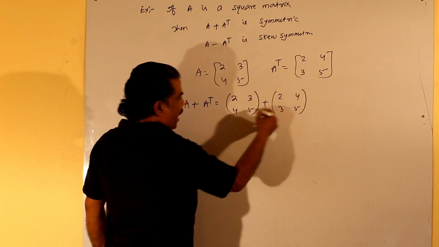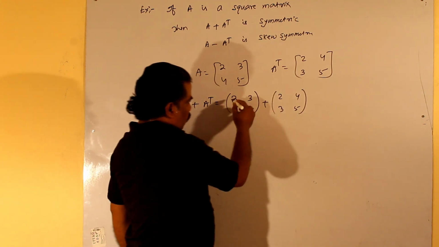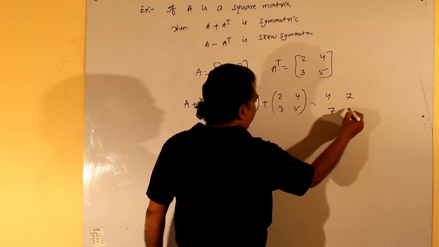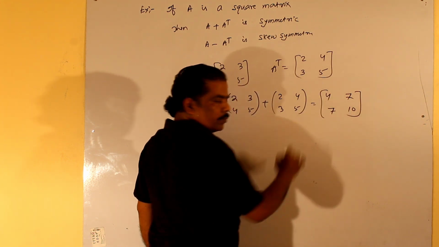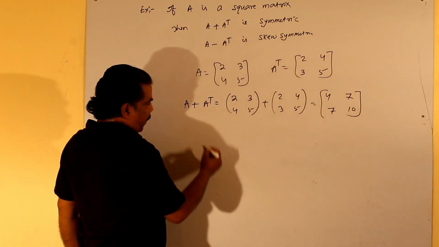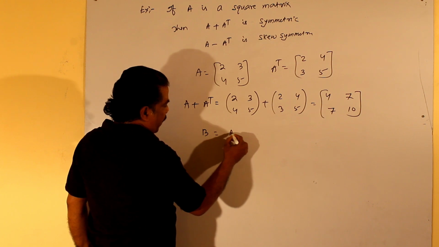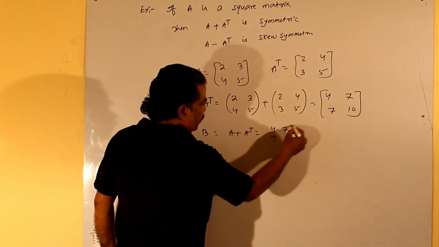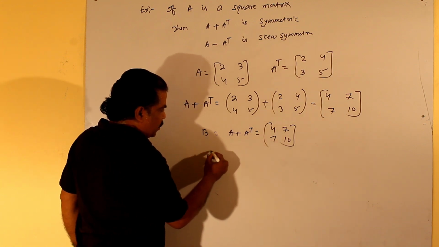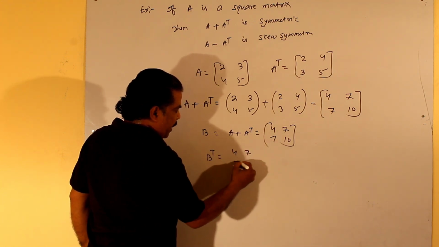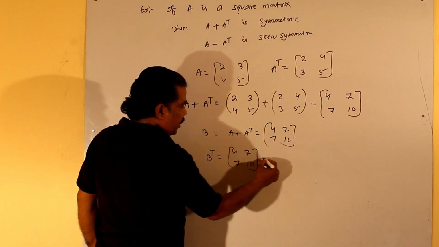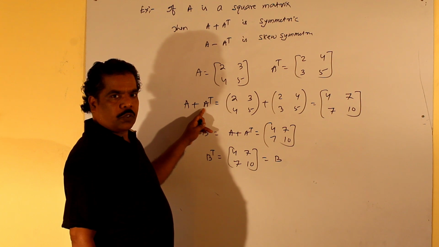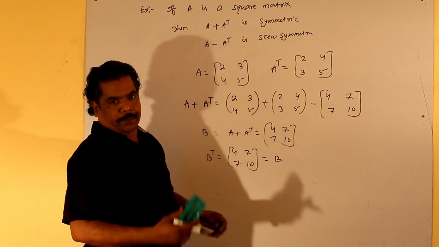Addition is possible for matrices of the same order. So 2 plus 2 is 4, 3 plus 4 is 7, 4 plus 3 is 7, 5 plus 5 is 10. Take this as B, where B is equal to A plus A transpose, that is 4, 7, 7, 10. Now observe: B transpose is also 4, 7, 7, 10, which is equal to B. So A plus A transpose is symmetric.